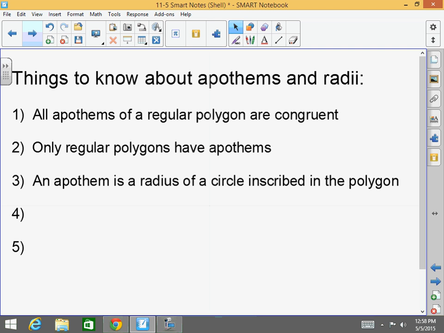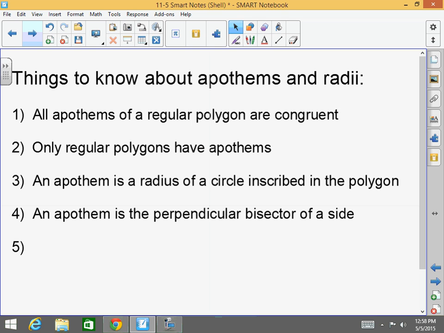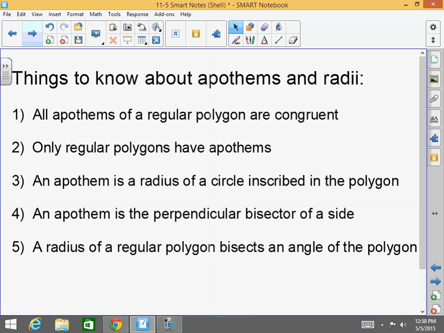An apothem is a radius of a circle inscribed in a polygon. We talked about that already as well. An apothem is a perpendicular bisector of any of the sides of the polygon. We talked about that as well. And a radius of a regular polygon bisects the angle of the polygon.